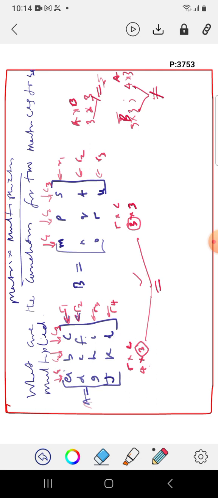The result will be the rows of the first and the columns of the second. So the result will be a 4 by 3 matrix. If you multiply a 4 by 3 matrix by a 3 by 3 matrix, then the result will be a 4 by 3 matrix. That's just it.